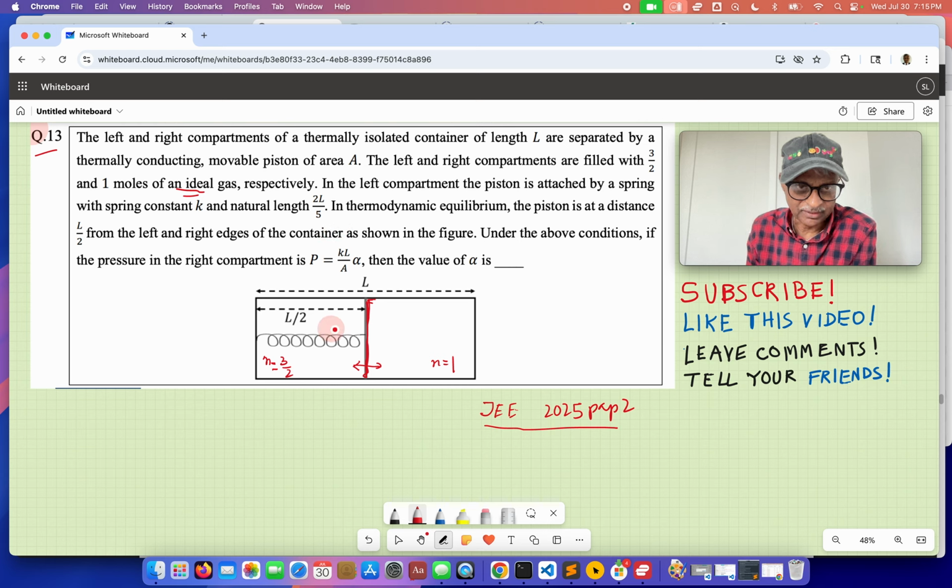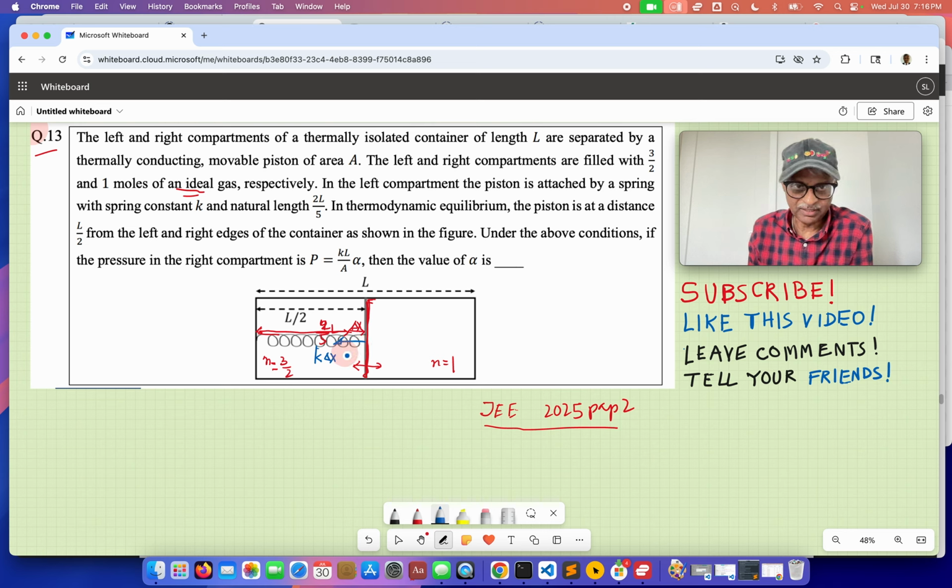The natural length of the spring is 2/5 L, and this is delta X of the spring. So the spring is extended, which would mean the force K delta X is on that side.